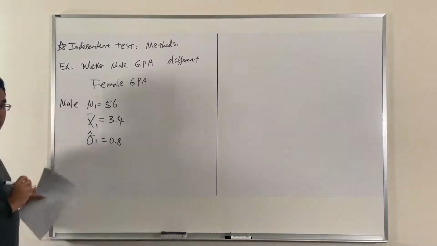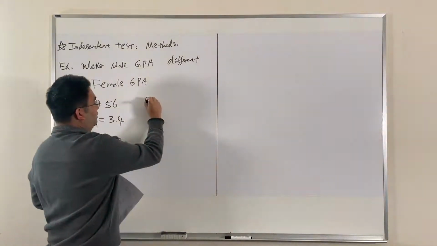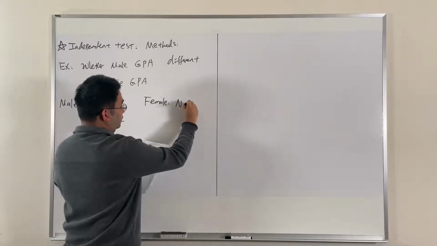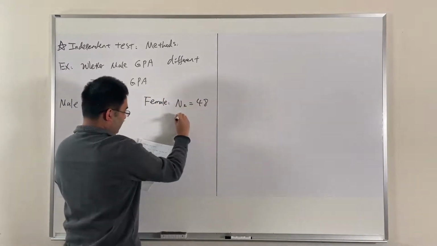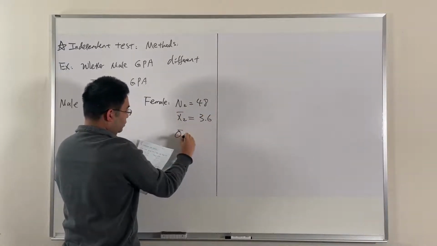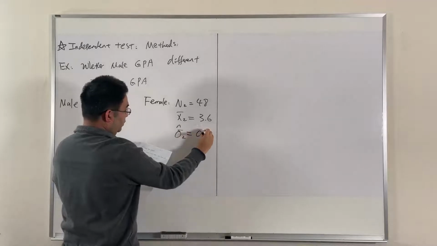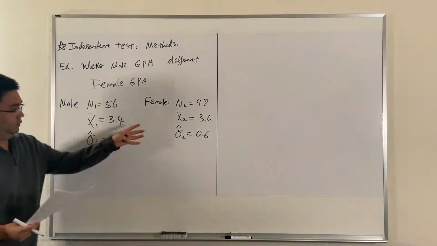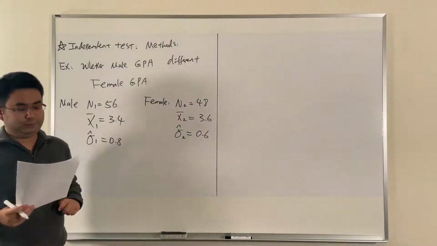This is the male group, and then for the female group, N2 equals 48, x2 bar equals 3.6, sigma 2 hat equals 0.6. So this group of information applies to male, and this group of information applies to female.